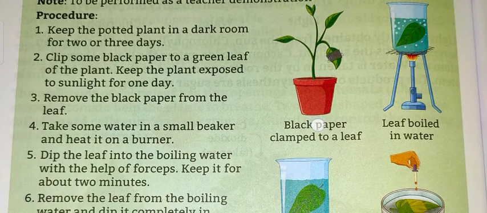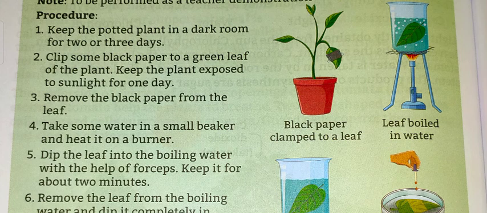First, keep the potted plant in a dark room for 2 or 3 days. Then clip some black paper to a green leaf of the plant. Keep the plant exposed to sunlight for 1 day.